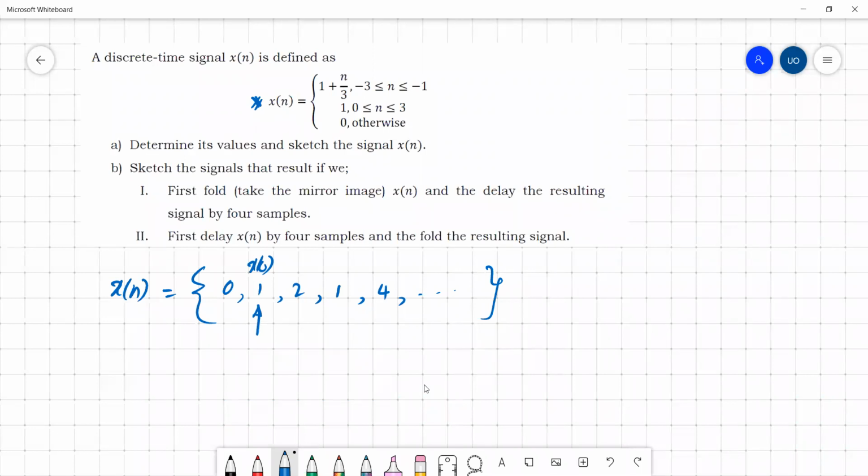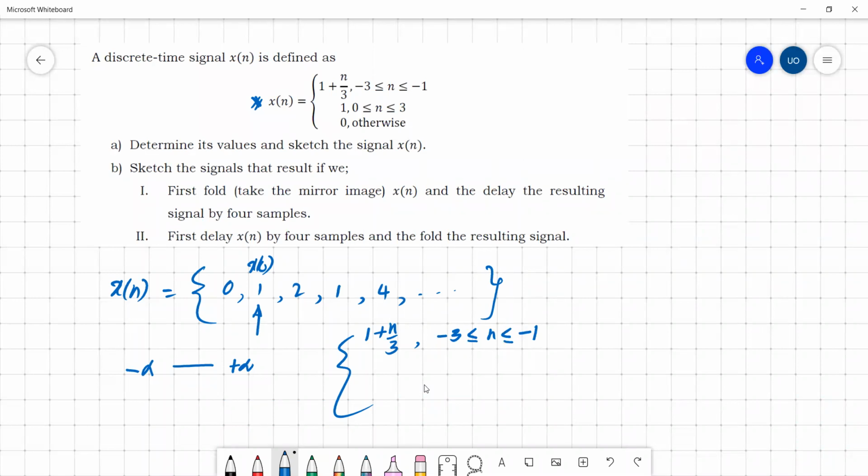This signal is defined from minus infinity to plus infinity, and it's a piecewise discrete-time function. The functional value is 1 plus n over 3, which is valid only for values between minus 3 and minus 1.